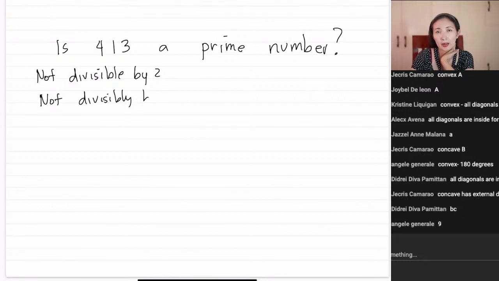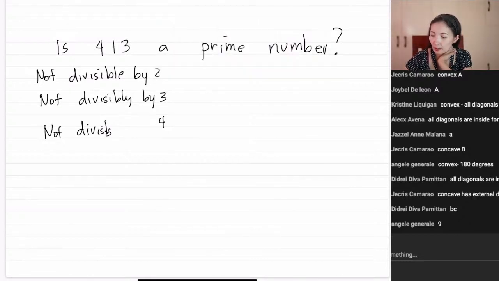Is it divisible by 4? So not divisible by 2, not divisible by 3, not divisible by 4. Obviously not divisible by 4 because the last digit is 3. Let me erase first.